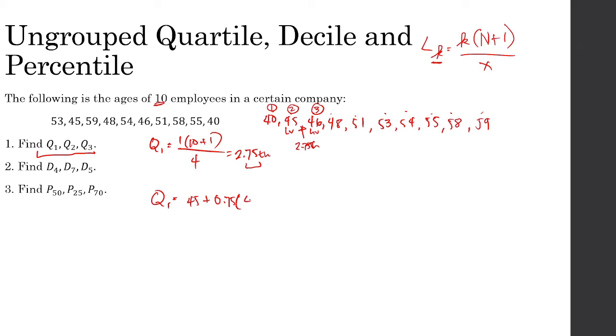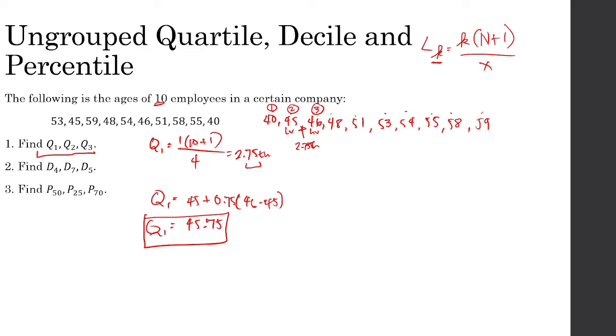Then that will be 46 minus 45, so that will be 1. 1 times 0.75 is 0.75 plus 45, so that will be 45.75. So that will be our first quartile.